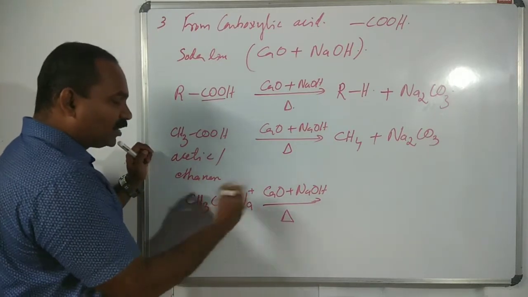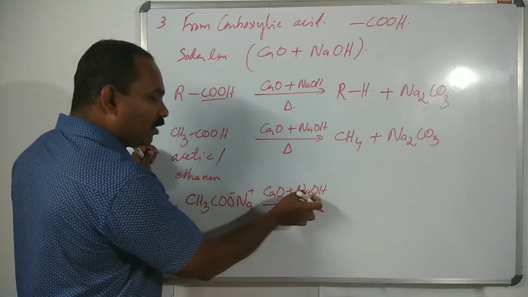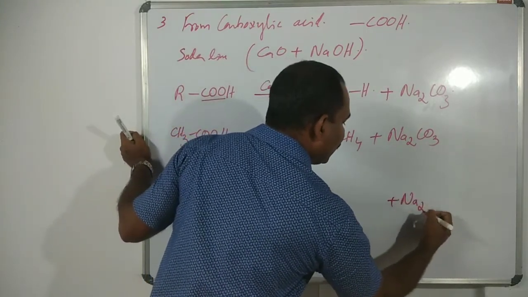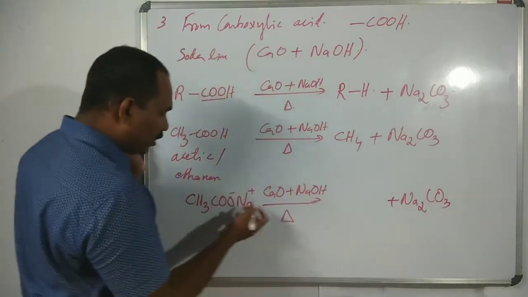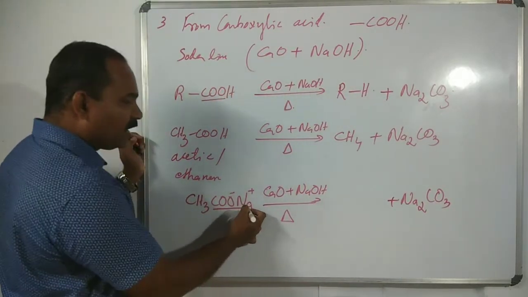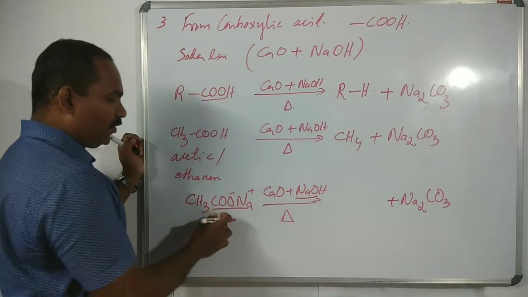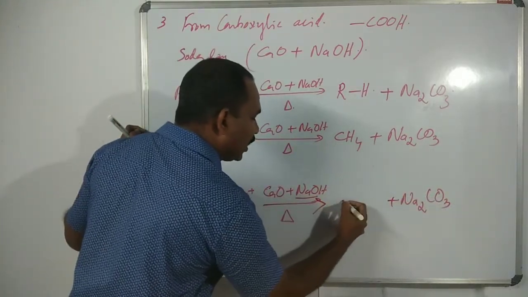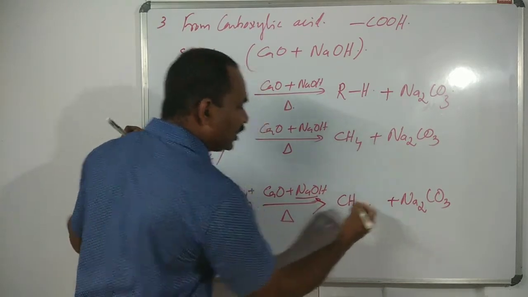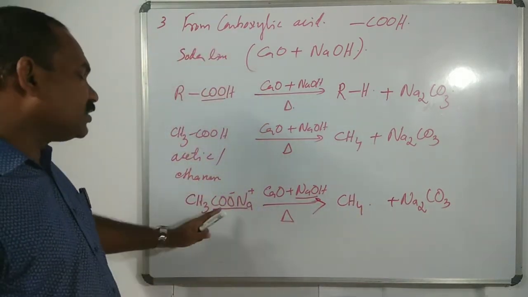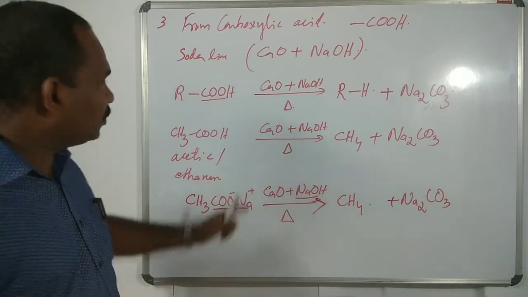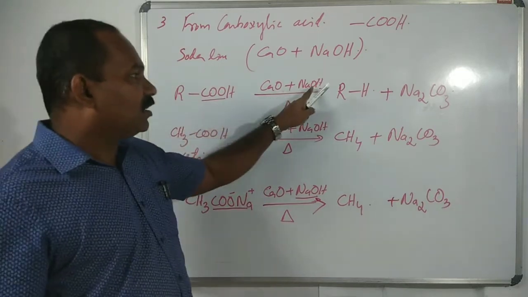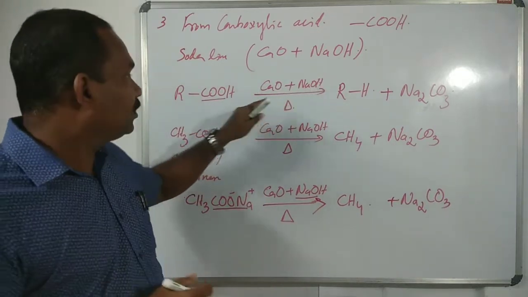The COO group is removed, NaO is added to it, and we get Na2CO3, and the hydrogen is added to the alkyl group. We get CH4. This is usually written in some textbooks and is also correct. Here one step we dropped.